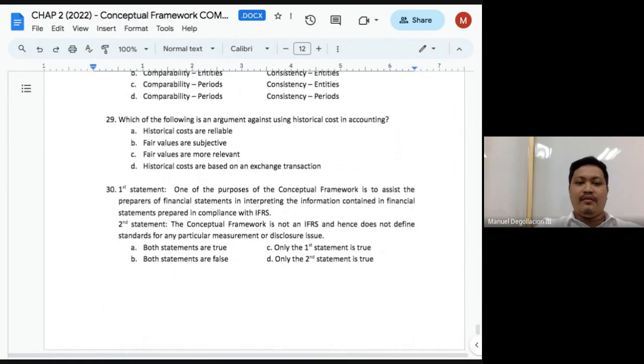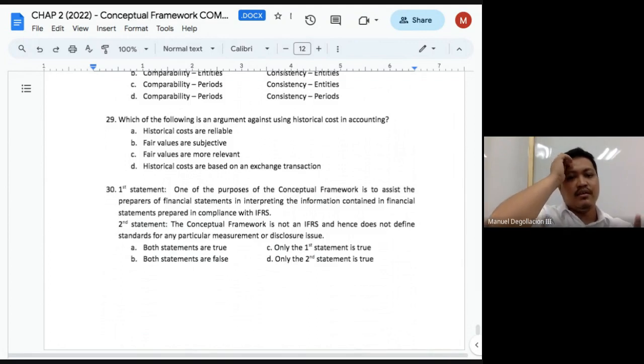Number 30, first statement, one of the purposes of your conceptual framework is to assist the preparers of financial statements in interpreting the information contained in financial statements prepared in compliance with the standards. Okay, this is a scenario, class, wherein our assist may not be enough. What did we say were the purposes of your framework?